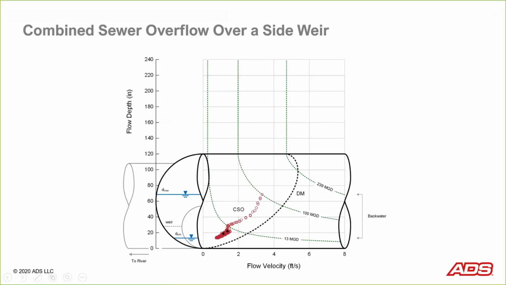And you can see when that happens, you get the increase in velocity. So sometimes understanding how these structures operate, or at least having a good idea of what type of structure you're dealing with, can help you interpret the data. Or you can go the other way with these, and you can use the data and your knowledge of the structure to actually compute the overflow duration and volume from these in this manner.